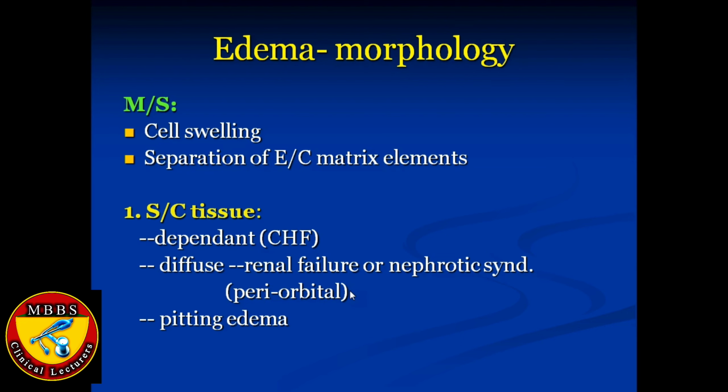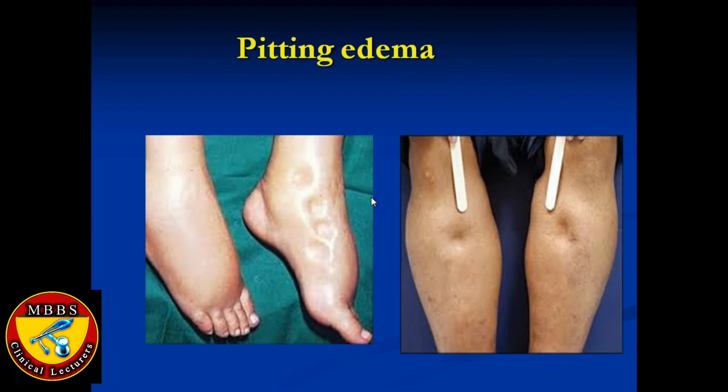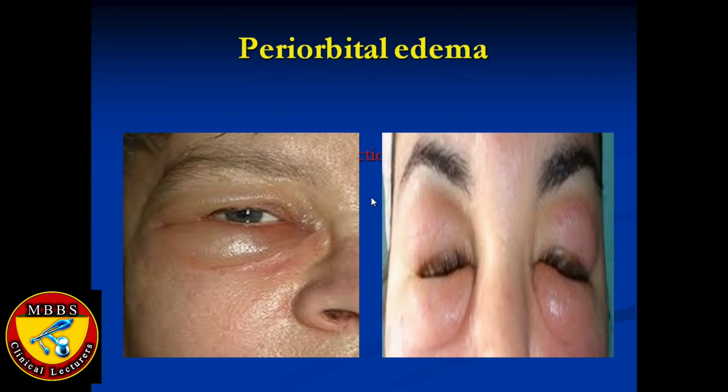But for some obscure reasons, the edema of congestive heart failure is mostly seen in the dependent regions initially, and the edema of renal origin is mostly seen in the periorbital tissue. Both are actually pitting edemas. This is the pitting edema, and this one here is edema seen in the periorbital region.